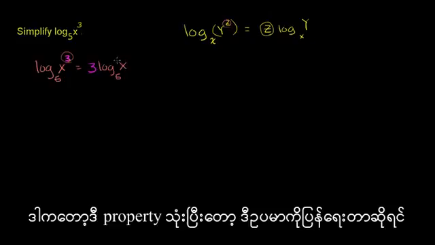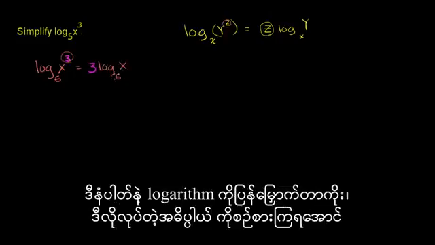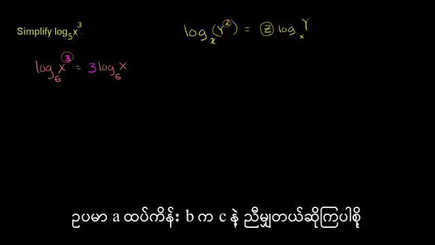And so you could argue that this is maybe a simplification because you took the exponent outside of the logarithm and you're multiplying the logarithm by that number now. Now, with that out of the way, let's think about why that actually makes sense. So let's say that we know that, and I'll just pick some arbitrary letters here, that a to the b power is equal to c.